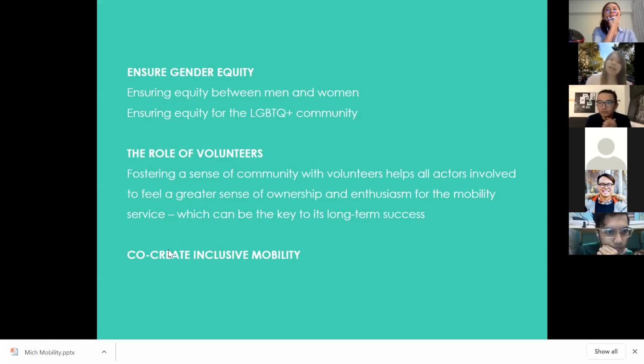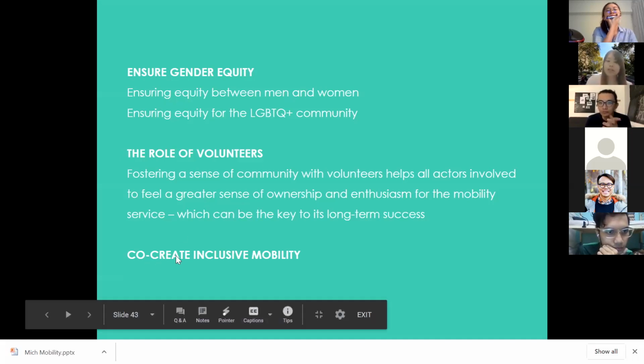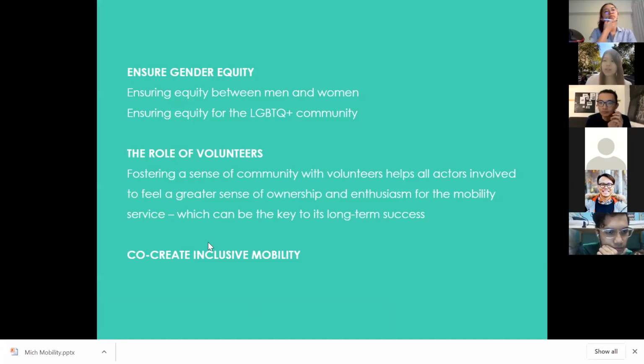And also consider co-creation when you think of inclusive mobility. Involve the community in making decisions; this could give them more sense of ownership, and help build the scenario of what they truly want.